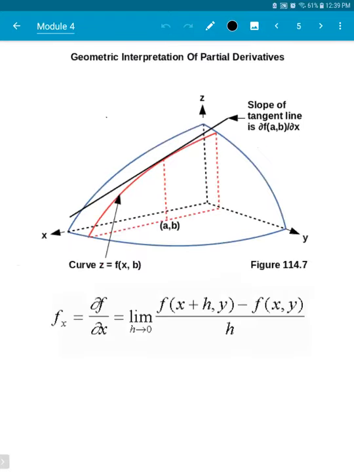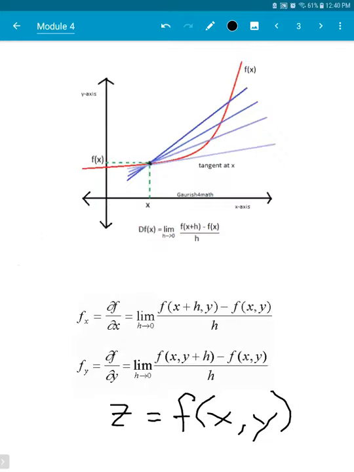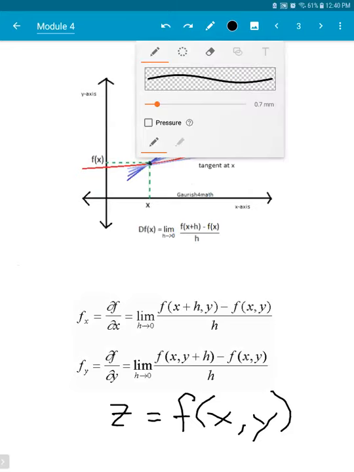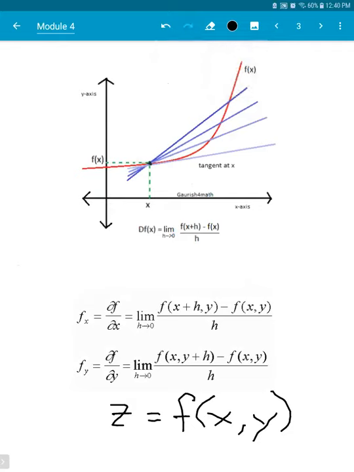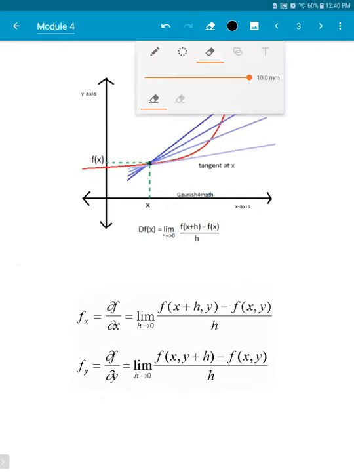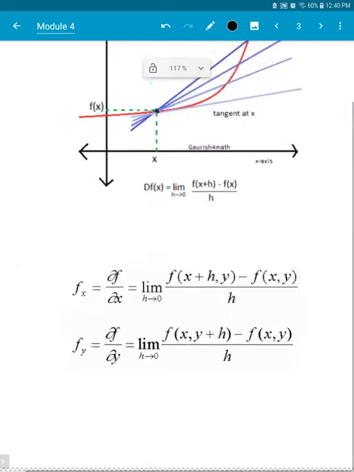So just to illustrate quickly the definition of the partial derivatives with respect to x and with respect to y, notice here in the definitions that one of the variables is fixed while the other variable changes, since we're evaluating a partial with respect to x and a partial with respect to y.